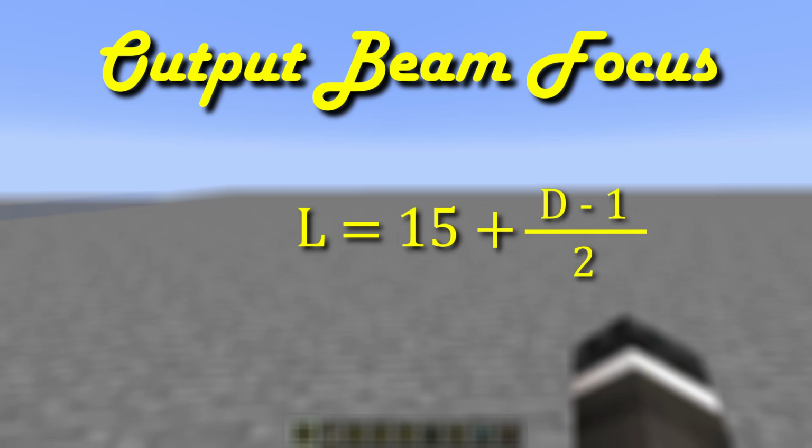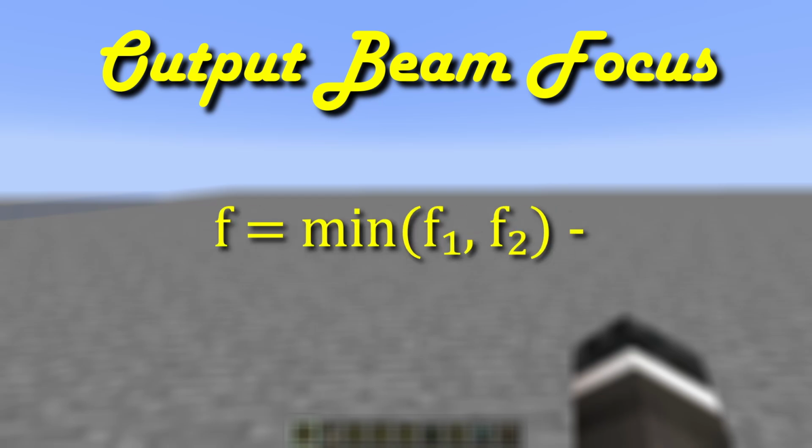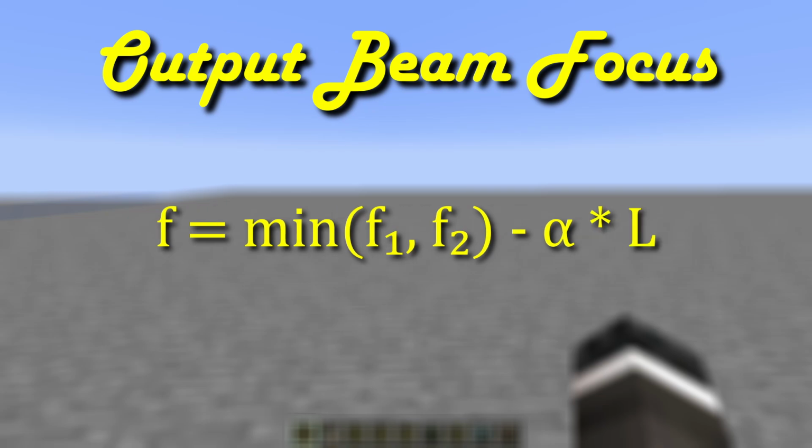For example, a chamber with dimensions of 7 by 7 diameter and 17 blocks long has a beam length of 15 plus (7 minus 1) divided by 2, which is 18 blocks. Then the focus is simply the minimum of the input beams' foci minus the focus loss per block of the output beam times the beam's length. And now we're ready to see how we build the collision chamber.